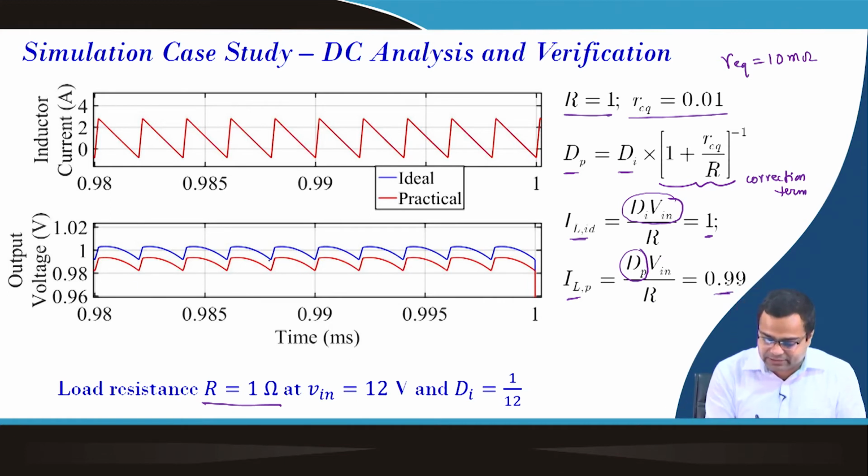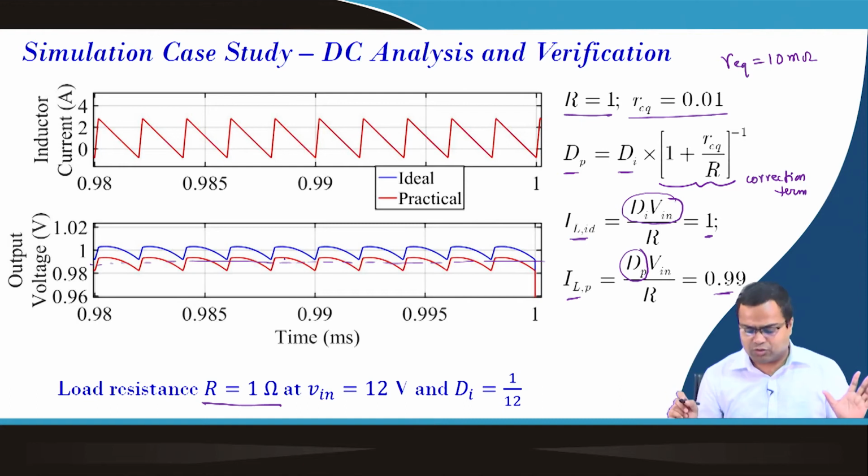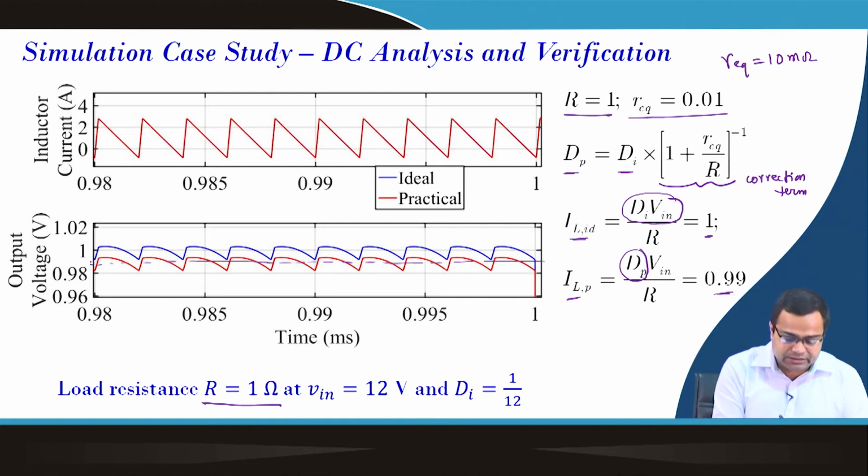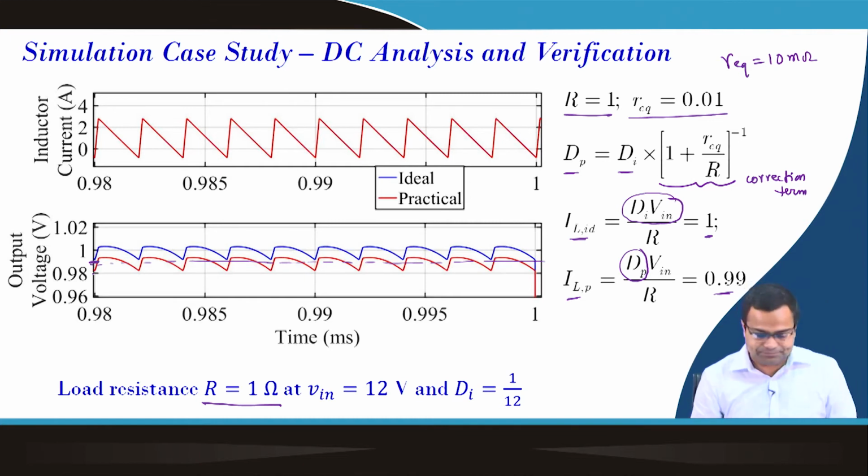If you see the average of the red, it is almost 0.99, because the midpoint is between 1 and 0.98, which is more or less close to our predicted value. So, the average inductor current is almost 0.99, only maybe 10 milliampere difference.